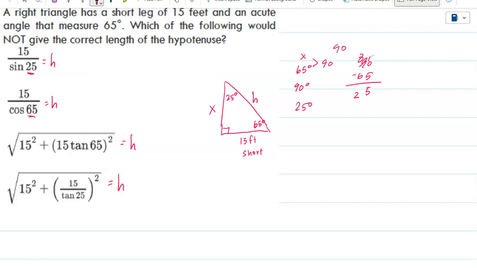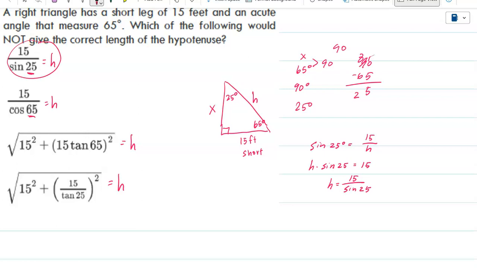So if I use sine of 25 degrees, which is opposite over hypotenuse, 15 over h, and I solve for h, I get h times sine of 25 equals 15, and h equals 15 over sine of 25. So whatever has sine of 25 degrees, we know that this is right. This actually is a proper way to solve for the hypotenuse.